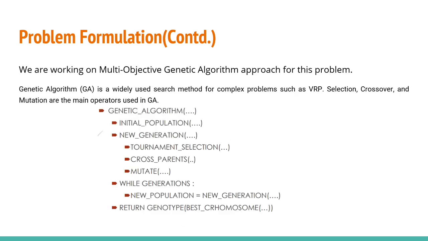So we are using a multi-objective genetic algorithm. The genetic algorithm has a defined flow. We first generate an initial population, then we select some parents from them, we apply crossovers and mutations, and then a new bigger population is generated.